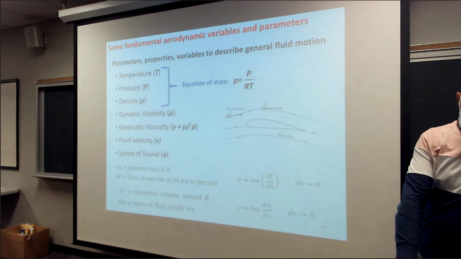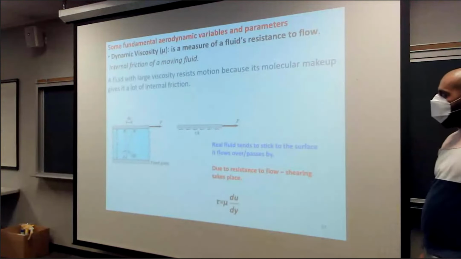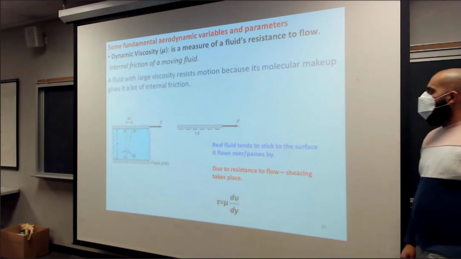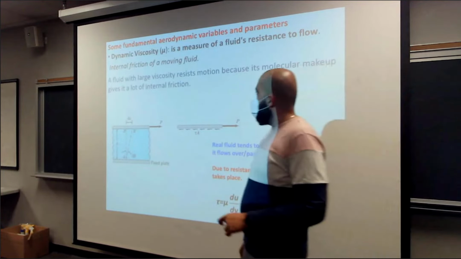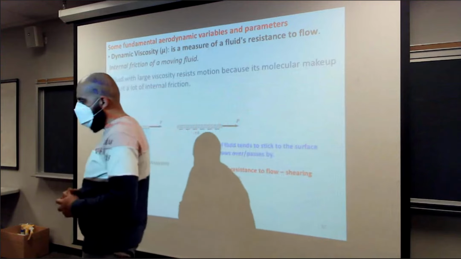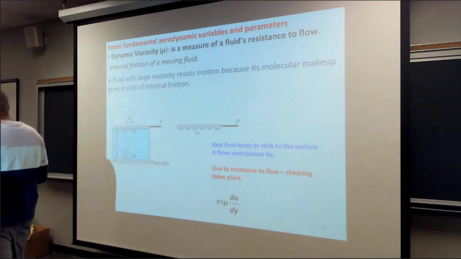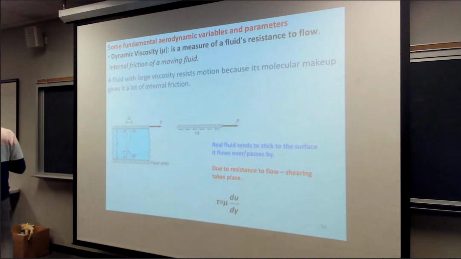Any questions so far? Just some parameters, nothing specific about this. We have the dynamic viscosity. Let's talk about the dynamic viscosity a little more. Dynamic viscosity is something that is very important to us in aerodynamics. It is a measure of fluid resistance to the flow, or it is the internal friction of a moving fluid.